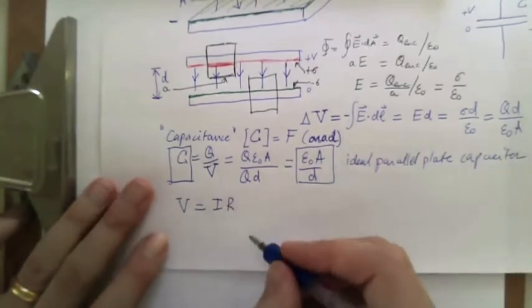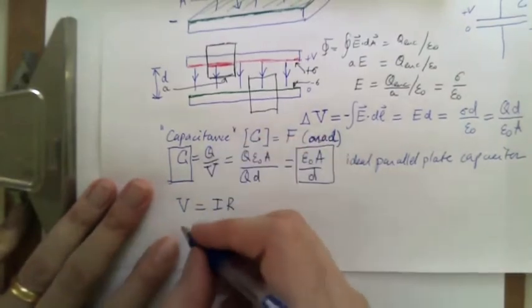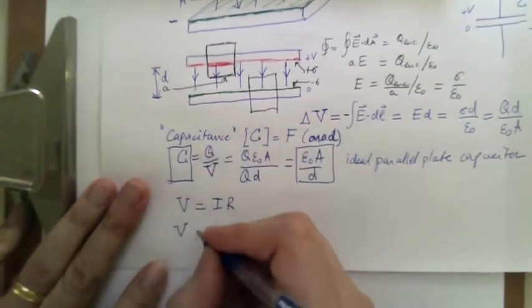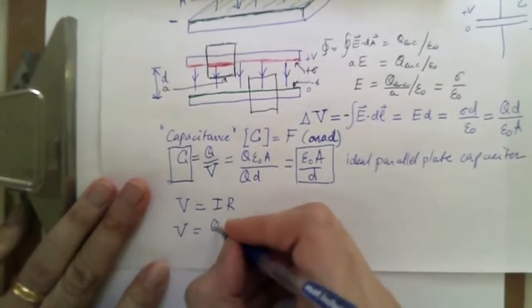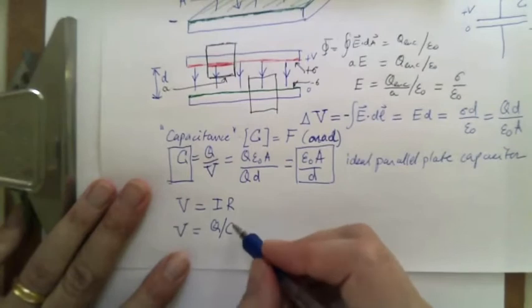And now in this case, you can apply a charge or a voltage for a capacitor, and you're going to get a resulting charge that is going to be inversely proportional to capacitance. And capacitance again is a function of geometry.